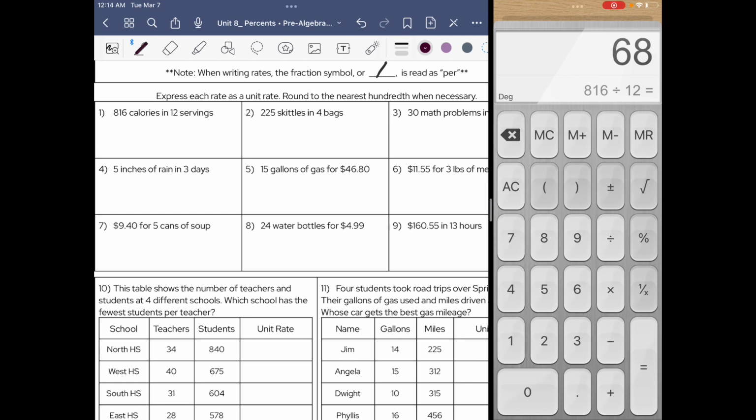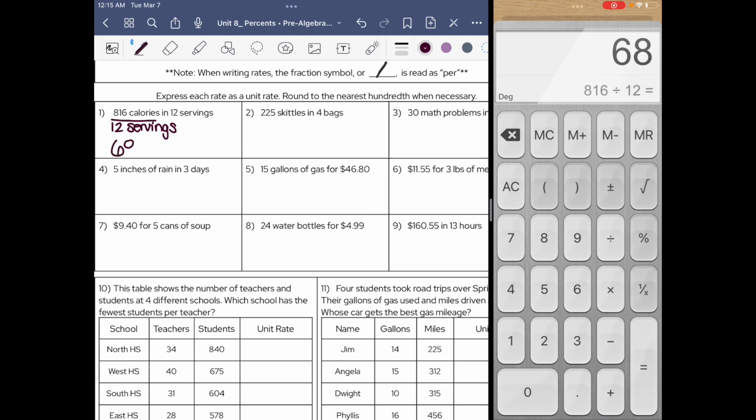For example, on this first one, we have 816 calories in 12 servings. So the 12 servings is going to go on the bottom of our fraction, meaning that we need to do 816 divided by 12 in a calculator, and that's 68.